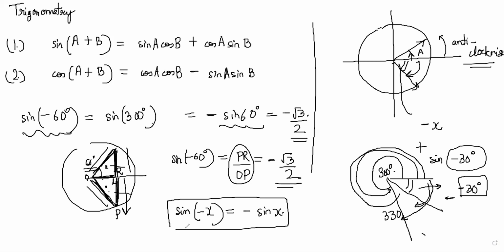What about cos? Let's think about what happens if we took a minus angle and took cos of it. So let's do the same thing, cos 60 and cos minus 60. Cos minus 60 is this side. So minus 60 will be, this angle is 60 and it's called minus 60.